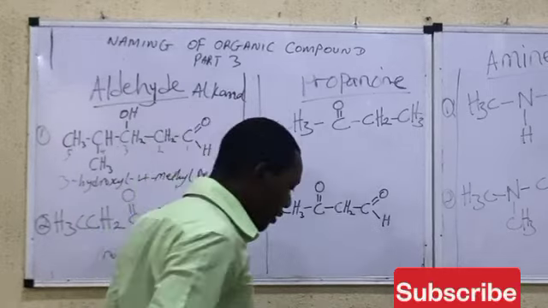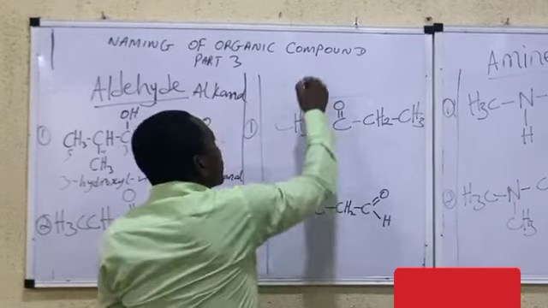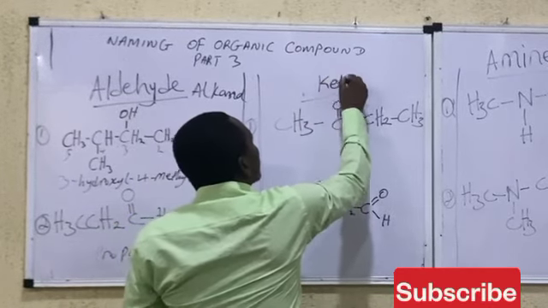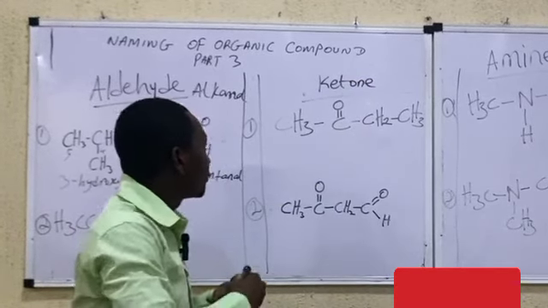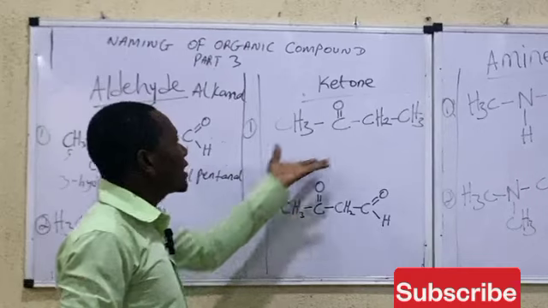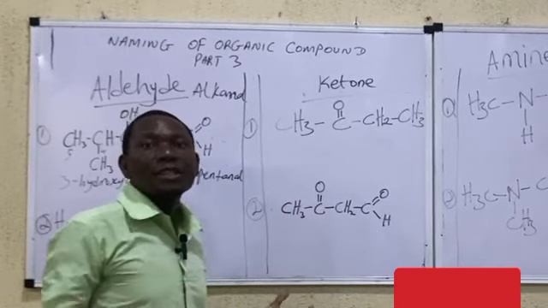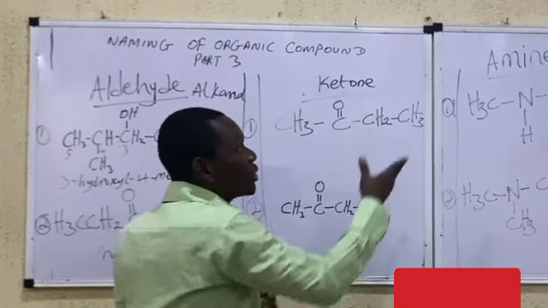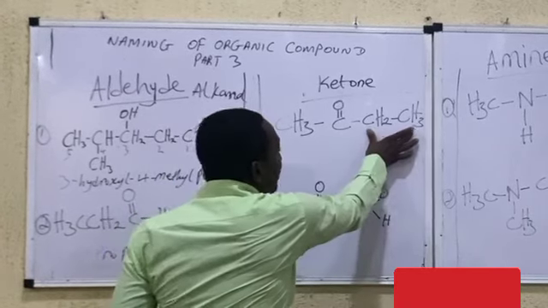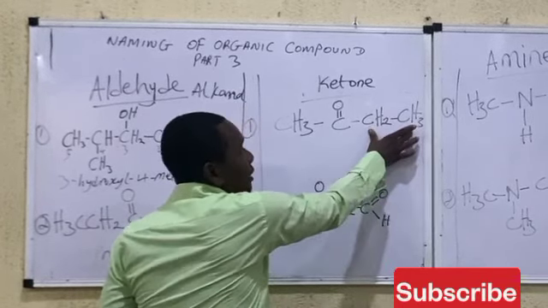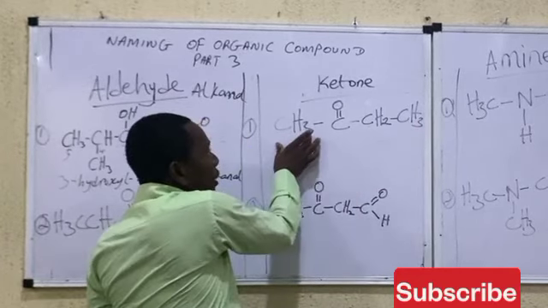All right. The next one that we have here is the what? This is called the ketone group. Ketone group. All right. Now, let's name this compound. Formally, we can name it just the way you named your esters or your ether. You pick this. This is actually what? Ethyl. This is methyl. This is ketone.